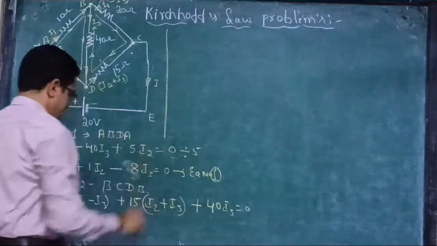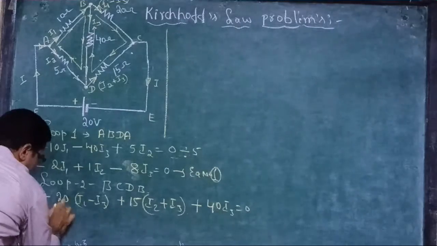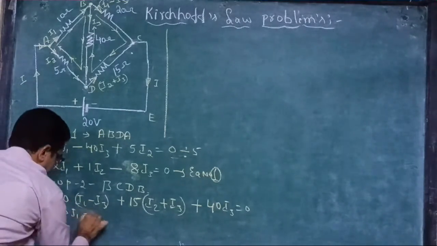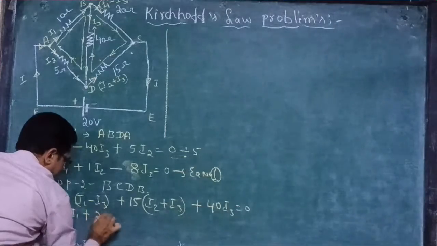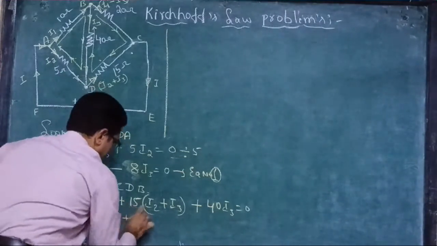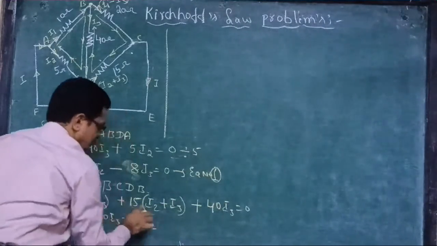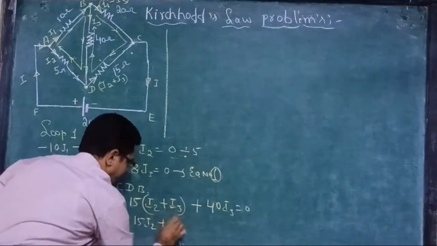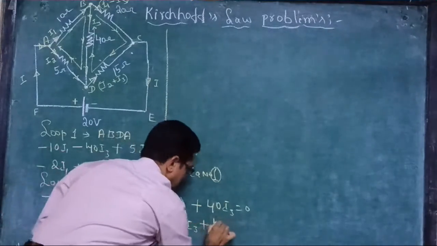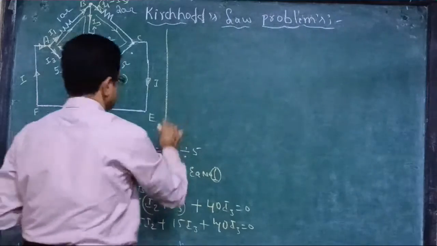Okay. Next here, 20 I1 minus into minus, plus 20 I3, plus 15 I2 plus into plus, plus 15 I3, plus 40 I3 is equal to 0.